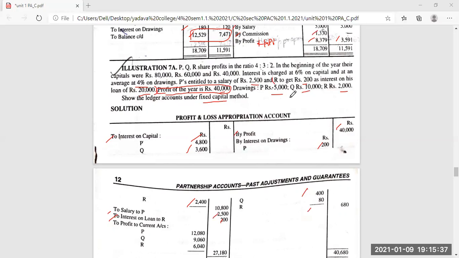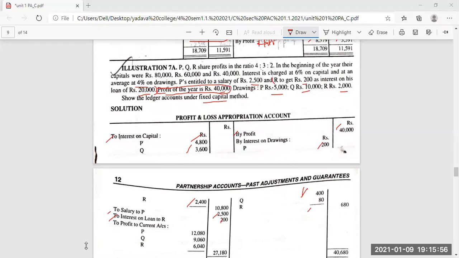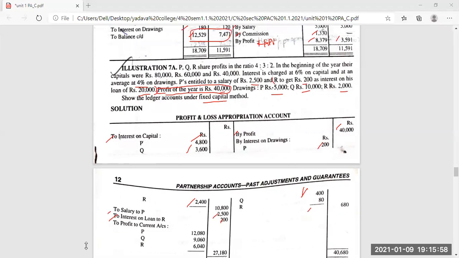Now for Q, 10,000 into 4 divided by 100, you will be getting 400 for interest on drawings. Now for R, 2,000 into 4 divided by 100, you'll be getting 80. Okay, so this is the interest on drawings.